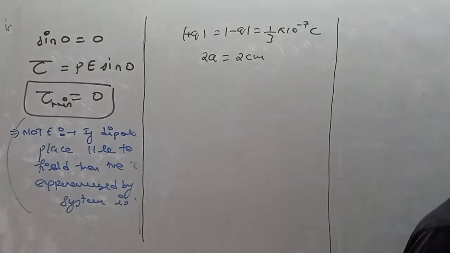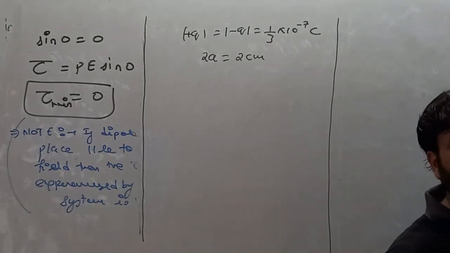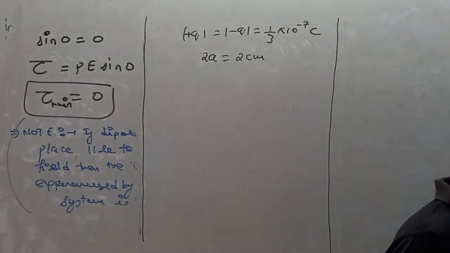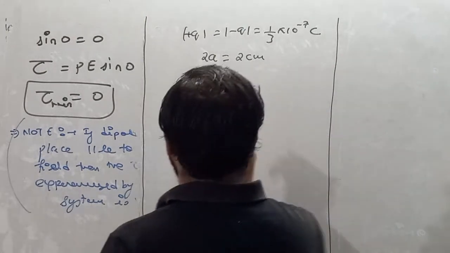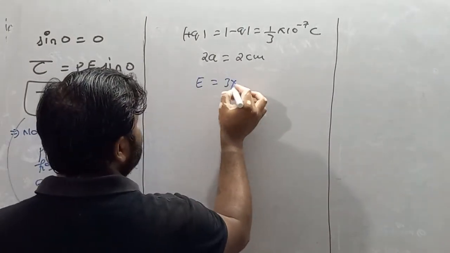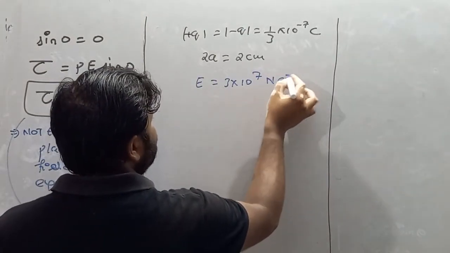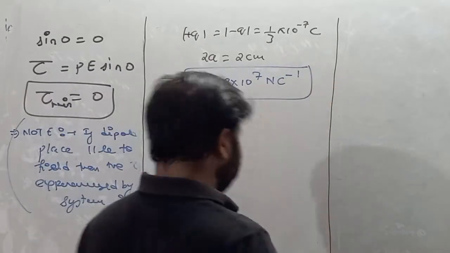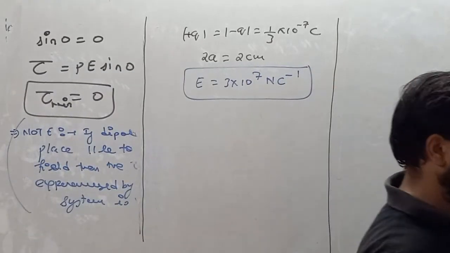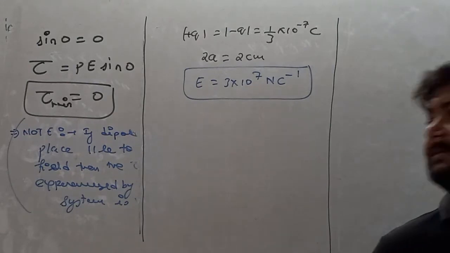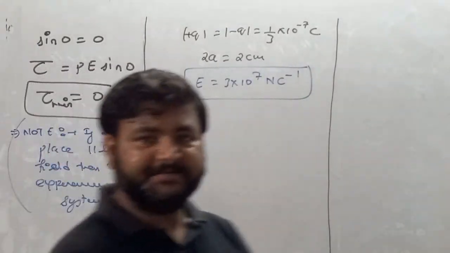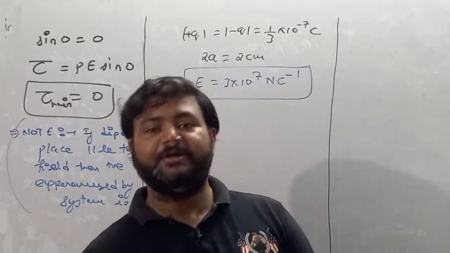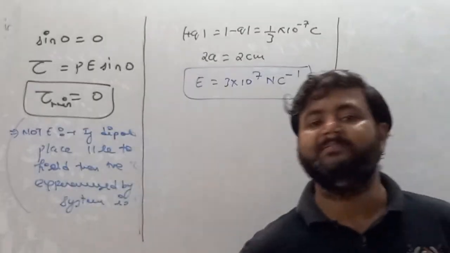So the dipole is placed in an external electric field of magnitude 3 into 10 raised to power 7 Newton per coulomb.